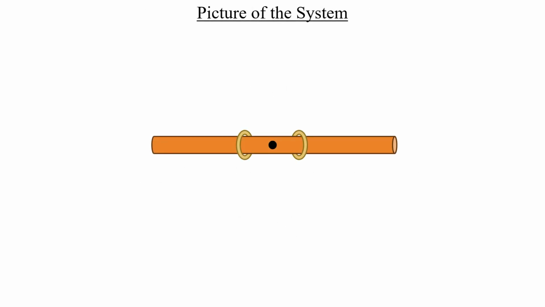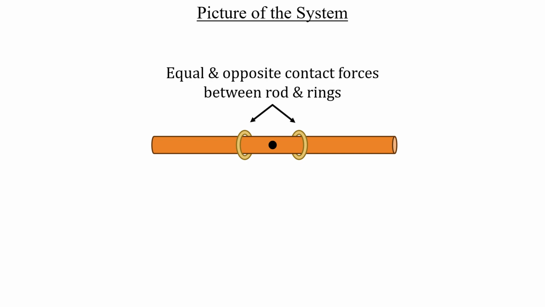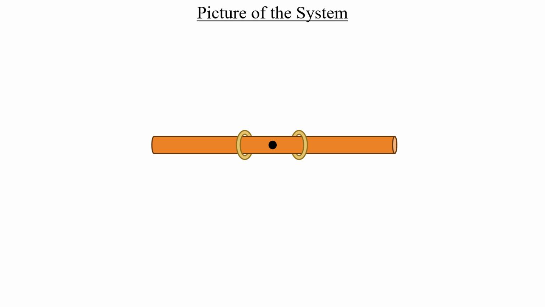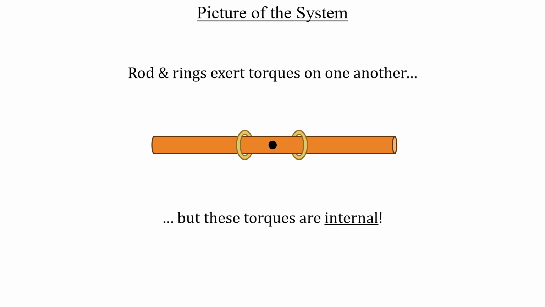Since all of the movement of this system occurs in a horizontal plane, we can ignore the force of gravity. There are, however, contact forces between the objects, and those forces act at a distance from a point of rotation, which means the rod and the rings are exerting torques on one another. But these are what's known as internal torques.